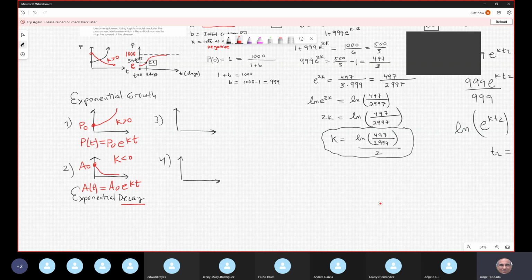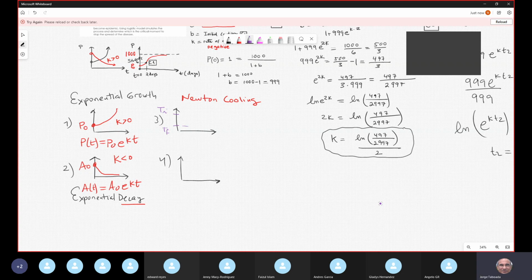Another problem that we have is the Newton cooling process. Suppose that we have an initial temperature, Ti, and a final temperature. Always the initial temperature is bigger than the final temperature because it's cooling.